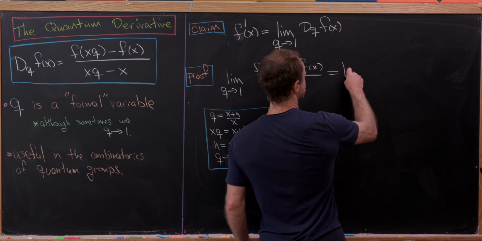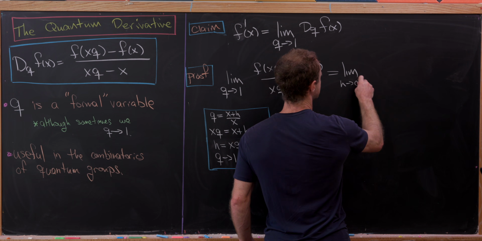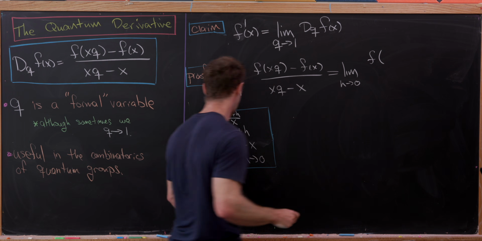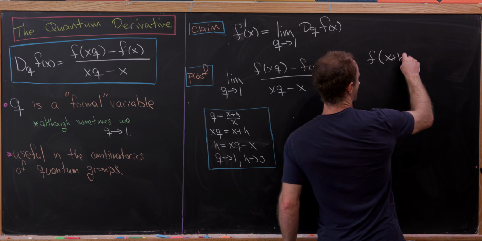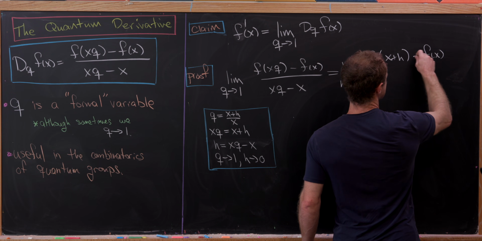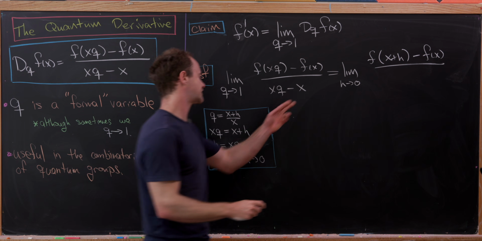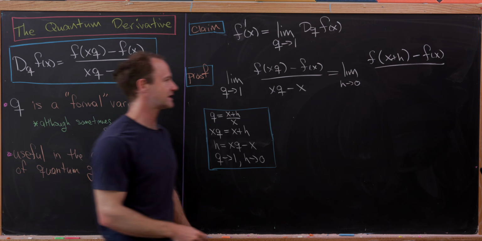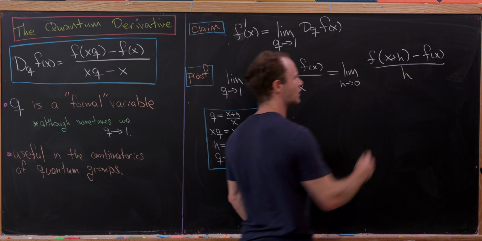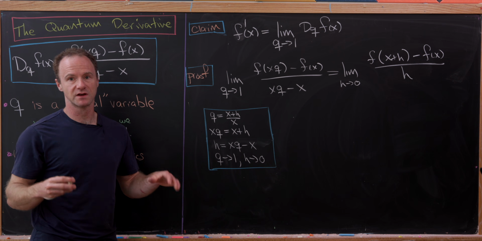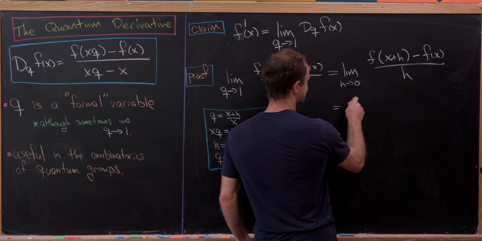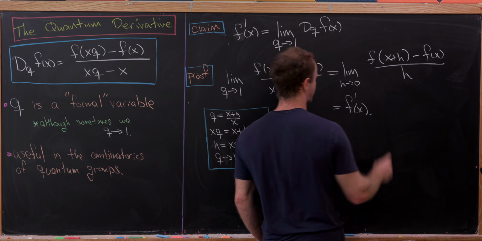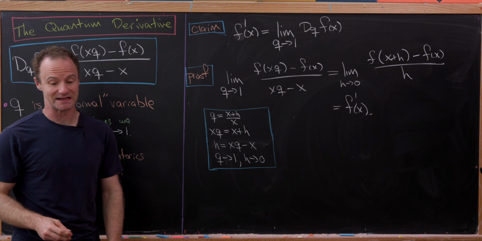This is going to turn into the limit as h goes to 0 of f of, well, notice that xq is x plus h. So there we have that. And then minus f of x, that doesn't change, over xq minus x, but that's exactly h. Oh, but look at what we've retrieved. We have retrieved the standard definition of the derivative. So this is in fact equal to f prime of x, as needed.